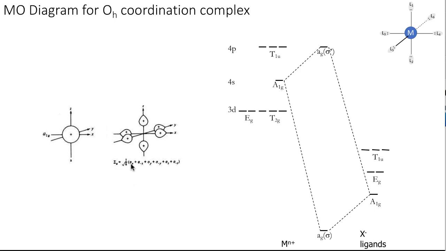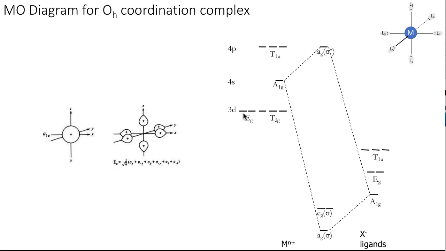It's a combination of each of our sigma donor orbitals to produce this A1G group, and you can see how the symmetry of the s orbital matches perfectly with that and would be used to combine. We would use the A1G in our A1G group to produce a bonding orbital, and then subtracting these two to give the antibonding orbital.